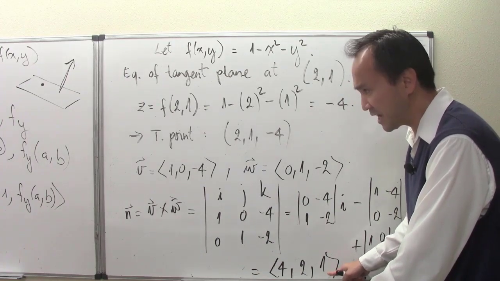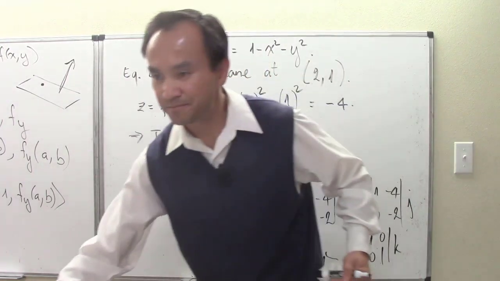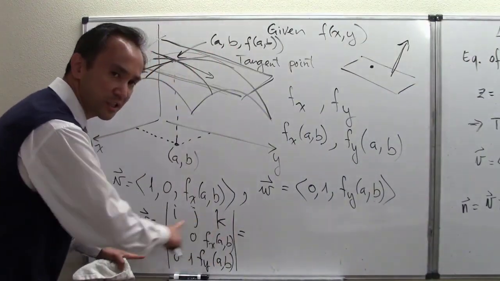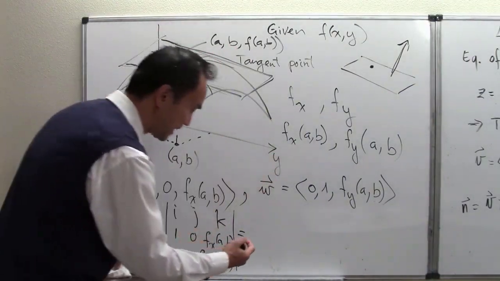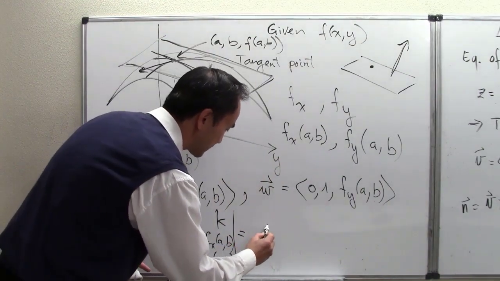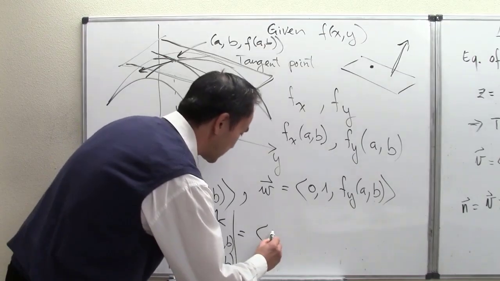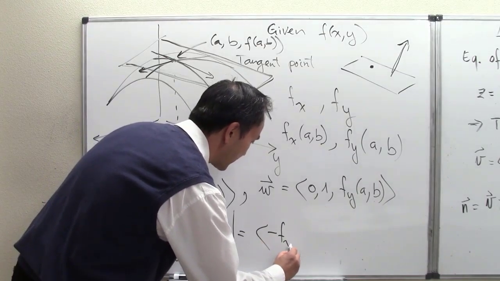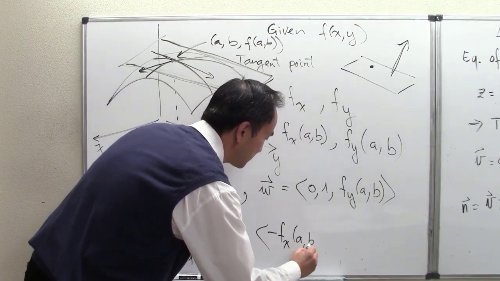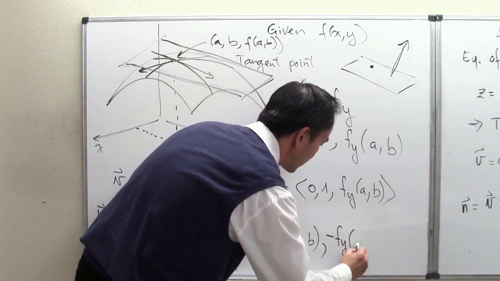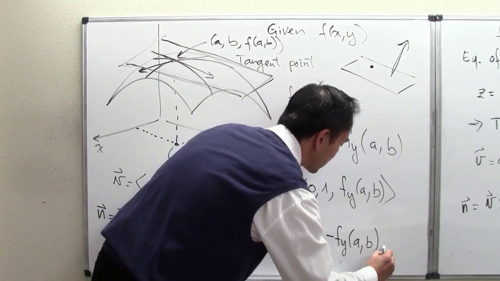So now that is the generality to think about when you're actually working through your determinants to find your matrix. Yes, you can easily come to something like this. So it now sort of becomes a formula. You're looking at minus f sub x at a comma b, and then the middle component is minus f sub y at a comma b, and then comma 1.